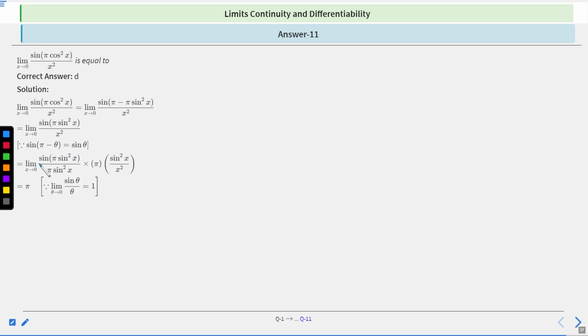Now it is equal to the limit of sin(pi sin² x) upon pi sin² x into pi sin² x upon x², right? Now this term will be equal to 1 and this term will be equal to pi. Clear? Because we know that the limit as theta tends to 0 of sin theta upon theta is equal to 1. So the answer will be pi. Clear? Answer is pi. Okay.